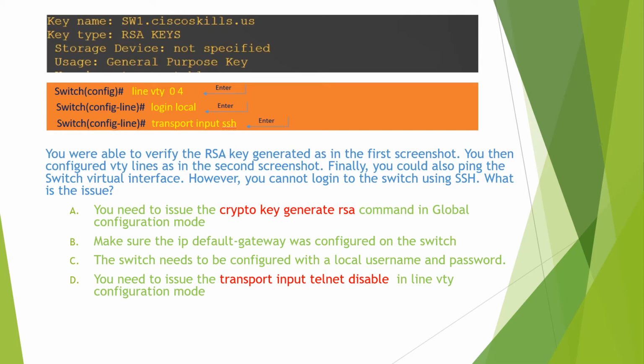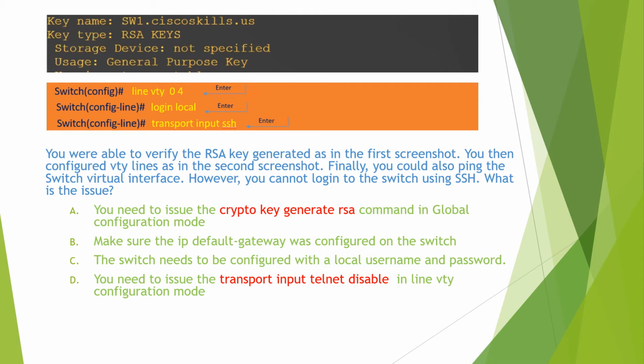When you were able to verify the RSA key generated as in the first screenshot, it means you have already issued this command in the global configuration mode on the switch. And when you can ping the switch virtual interface, it means the IP default gateway is either not needed or you have already configured the default gateway with the correct IP address.